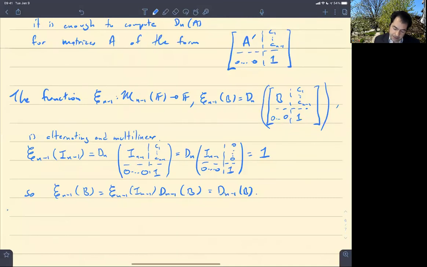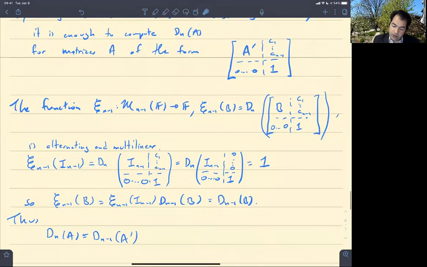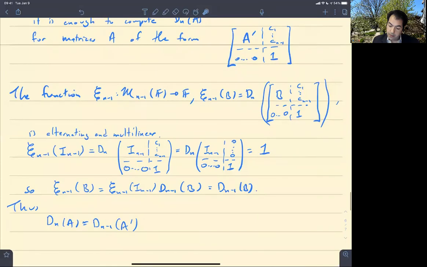Thus, we've shown that d_n of A is equal to d_{n-1} of A', right? Where A' is the matrix in the upper left block of this, and d_n is determined by d_{n-1}, right?